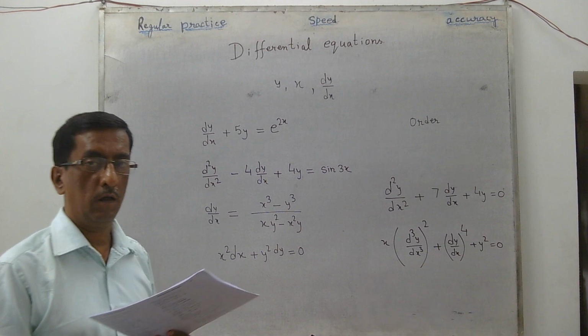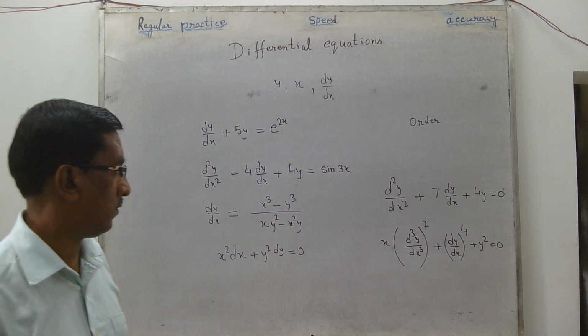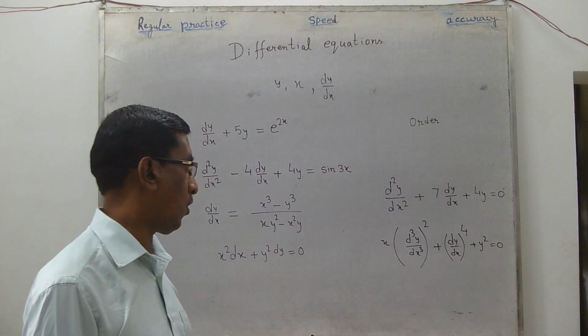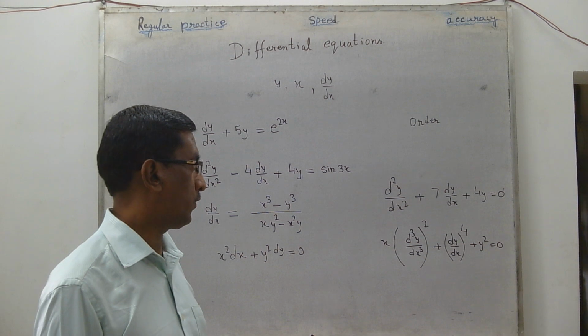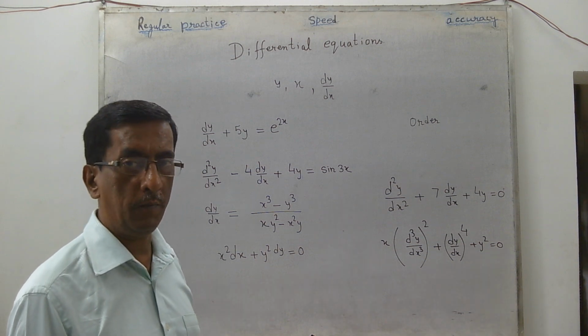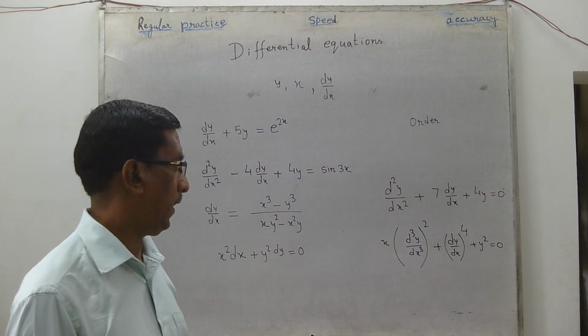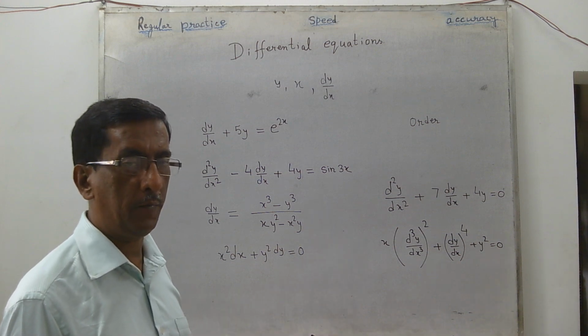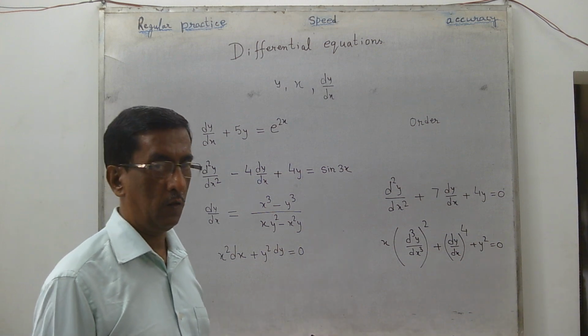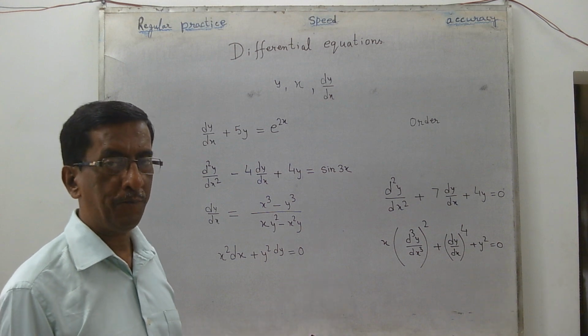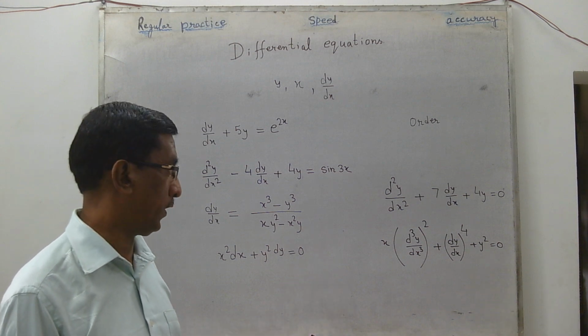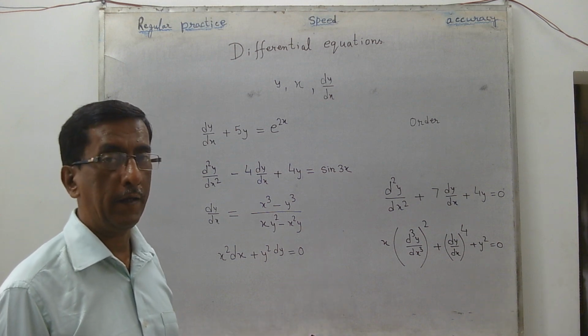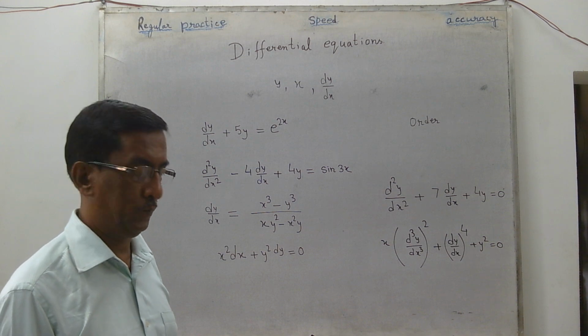This is a differential equation. Highest order is 3, d cube y by dx cube, and the power of this highest order derivative is 2. So in this equation we write order equals to 3 and degree equals to 2.